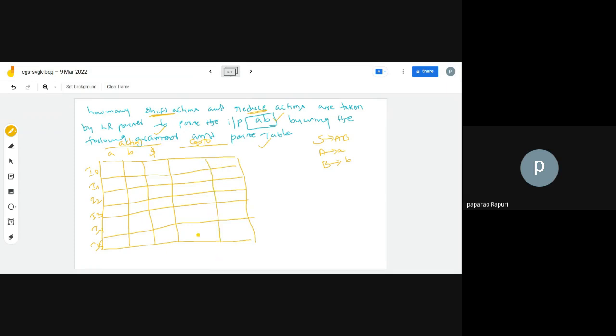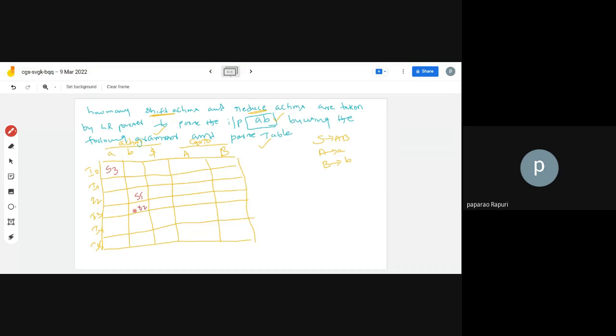Come here. So here the non-terminals we are having are A and B. With this, the elements are I0 on A, S3, I2 on B, S5, I3 on B, R2.